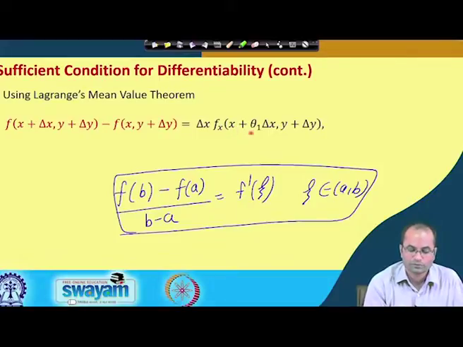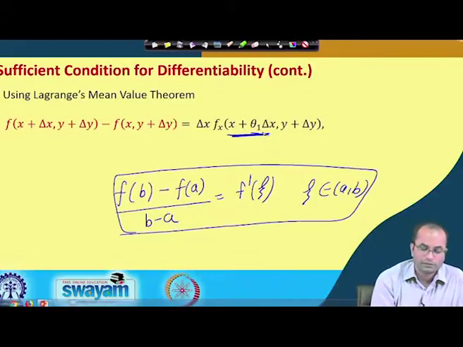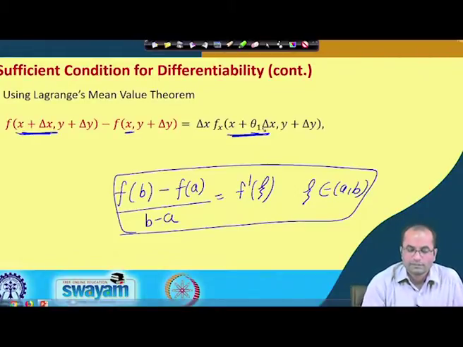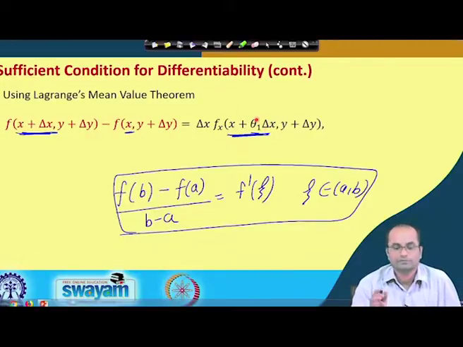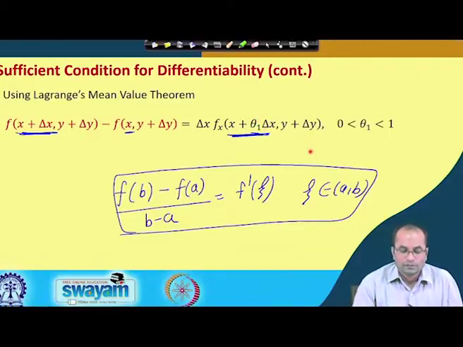Here also this argument will vary between x and x plus delta x. So we have introduced this theta 1, so that the argument will be precisely between x and x plus delta x when theta 1 runs between 0 and 1.